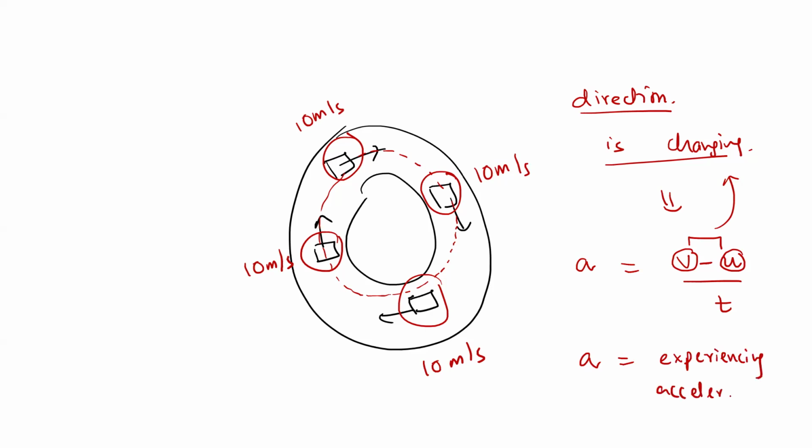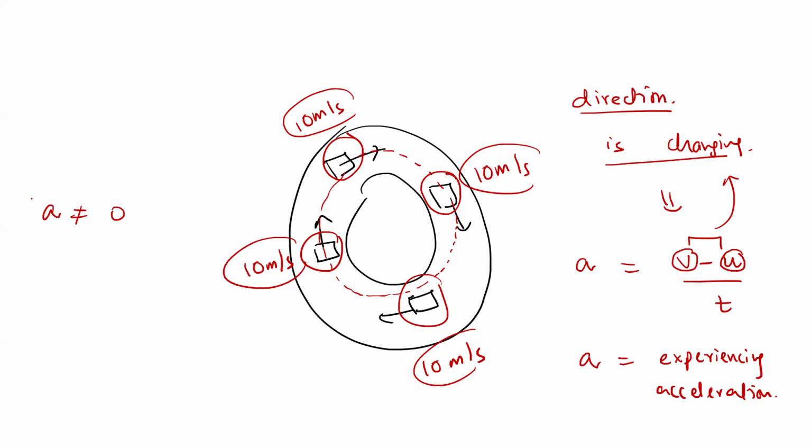It is not because the magnitude of speed is changing. It is because the direction is changing at different points. If you calculate 10 here and 10 here and 10 here, you might end up with 0 as your answer, right? But acceleration is not 0 here. Why? Because acceleration is not only dependent upon the value of speed, it also depends upon direction. So since direction is changing, this car is experiencing an acceleration.